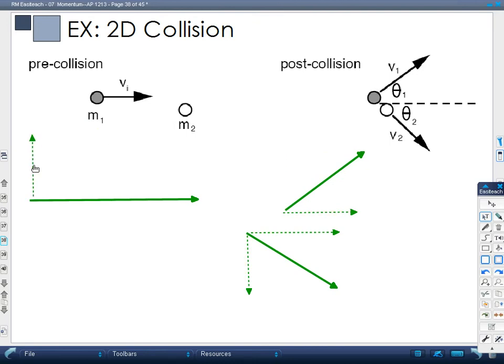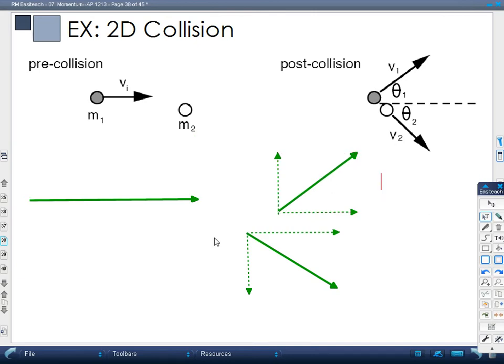So if I take this component of the final momentum plus this final momentum component plus this final momentum component plus this final momentum component, it equals the total. And if you're really comfortable with your geometry, you can actually solve the problem entirely with a geometric view.